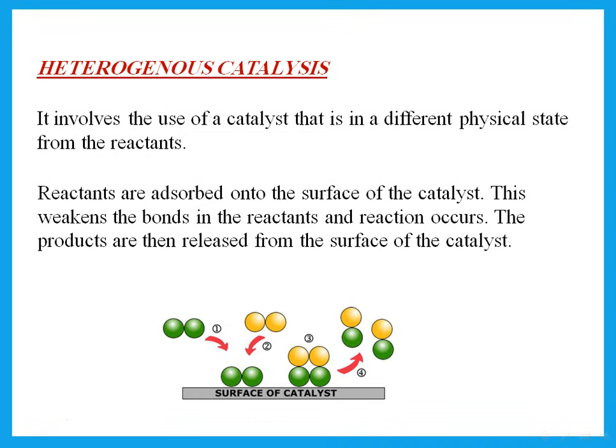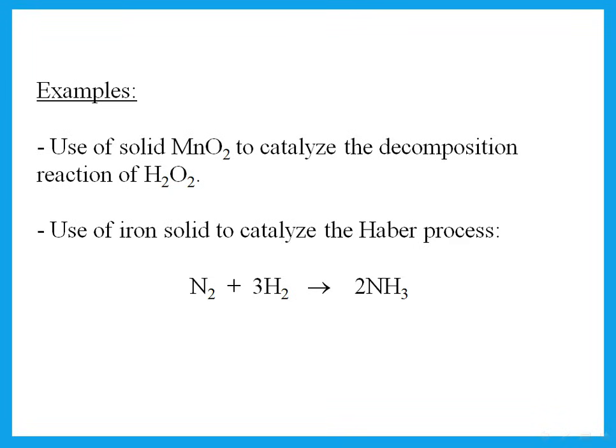A heterogeneous catalyst is where the catalyst is in a different physical state. So we're doing solutions reacting together, but my catalyst is a solid, for example. In this case, the reactants are adsorbed on the surface of the catalyst. This weakens the bonds of the reactants and the reaction occurs. And then when the products form, they are released from the surface of the catalyst.